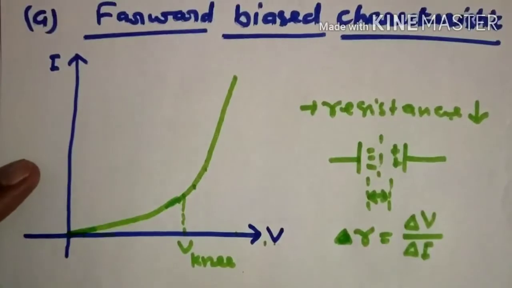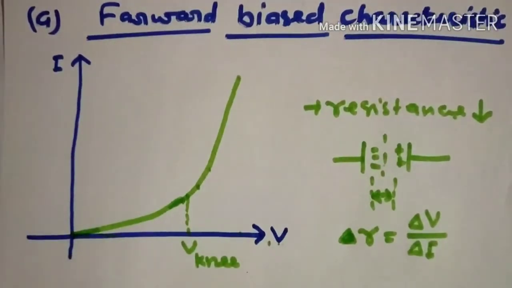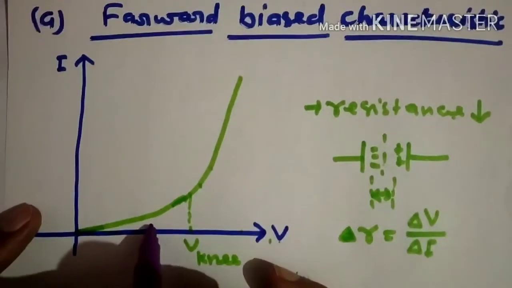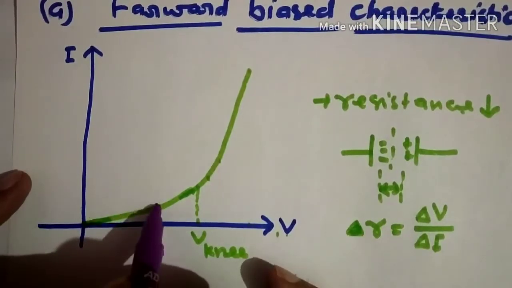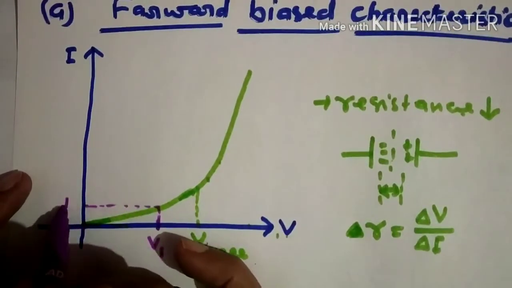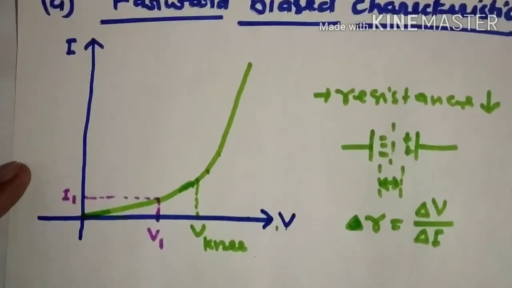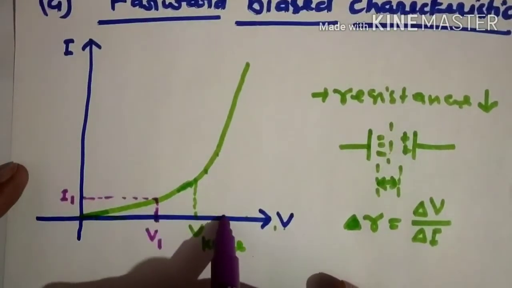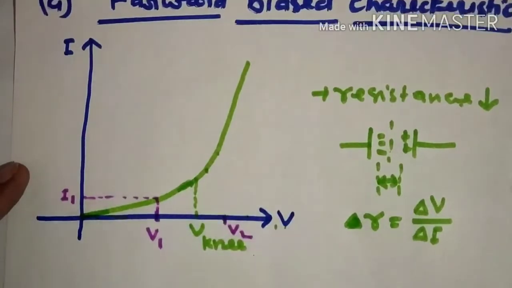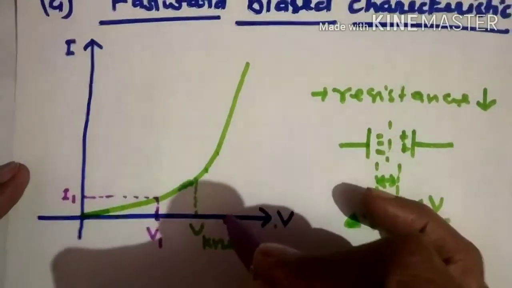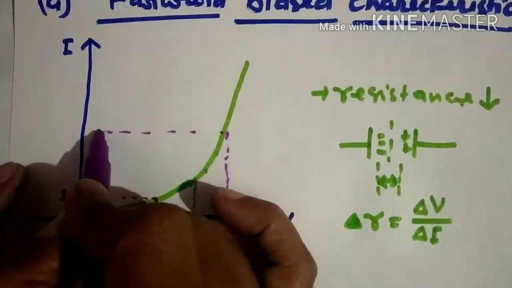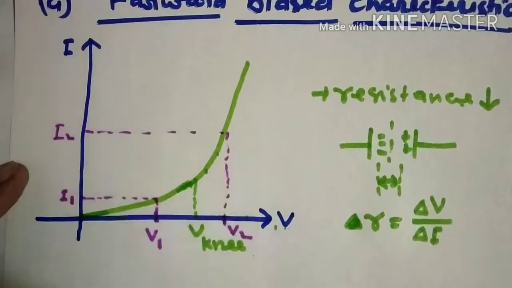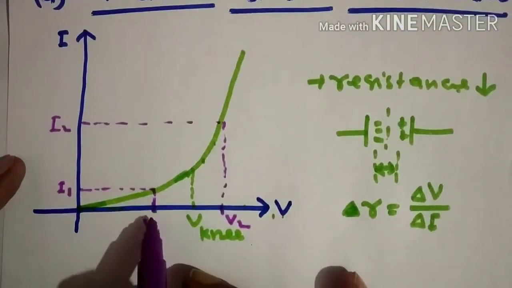Now just to see, suppose that your initial value of voltage is V1. At this value of V1, the current is I1. Now you change the voltage from V1 to V2. So the current also changes from I1 to I2.